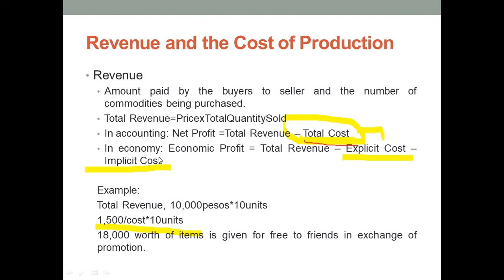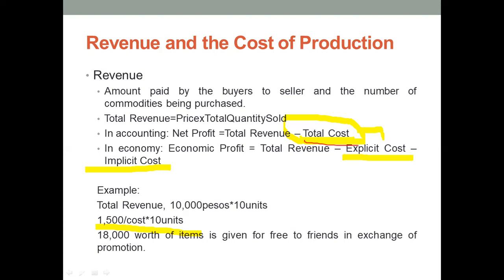But when it comes to economy, or what we call economic profit, how we solve it is slightly different. Because we have total revenue, and then we have explicit cost, and we have implicit cost.